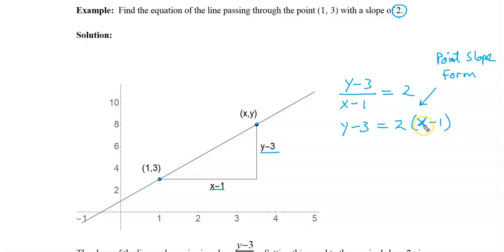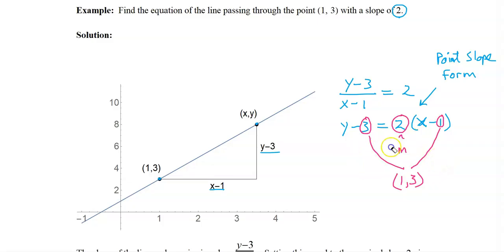We call it point-slope form because we have the slope 2 right here, and we have the point 1, 3 sitting with the x value and the y value. This is our slope, oftentimes denoted as letter m, and the 1, 3 forms our point right there. So this is called the point-slope form for the equation of a line.